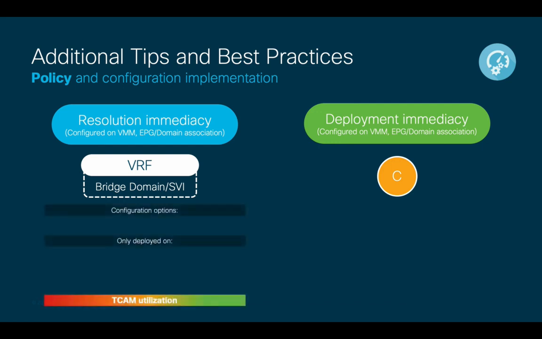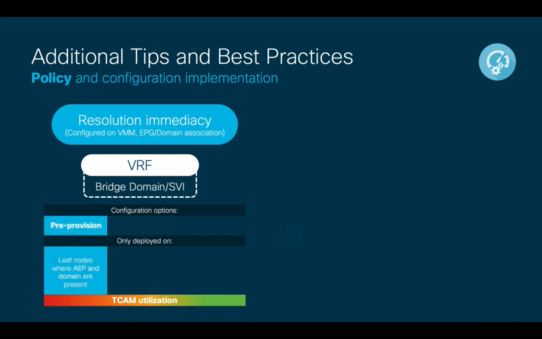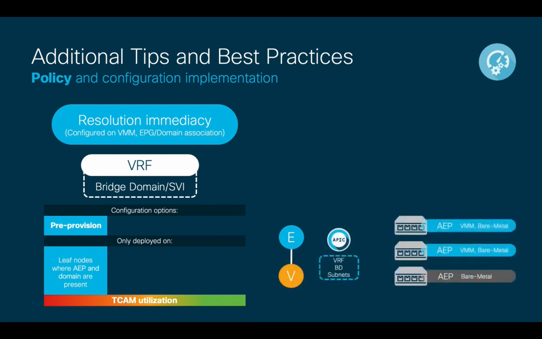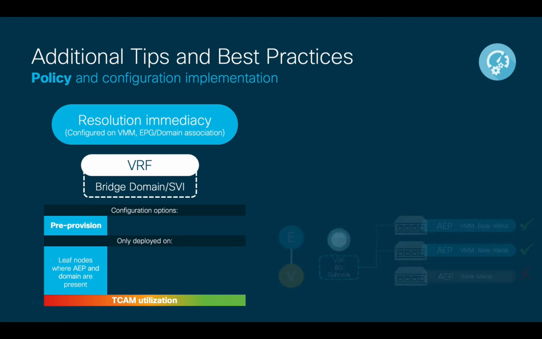In terms of resolution immediacy, we have three options. 1. Pre-provision. This means that as soon as I map an EPG to a domain, ACI will program the corresponding VRFs, bridge domains, and subnets on each leaf that has that domain configured through an AEP. 2. Immediate.